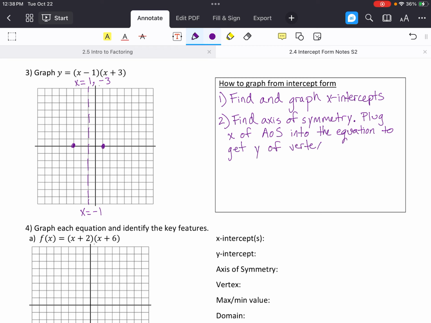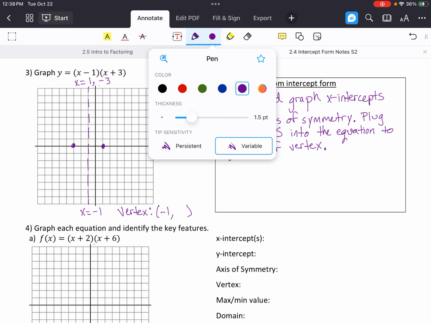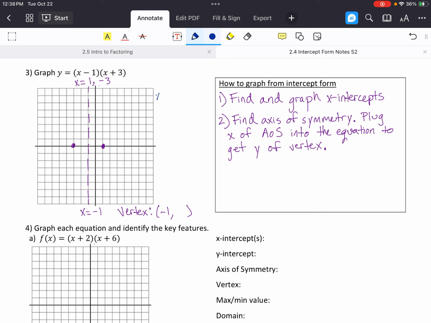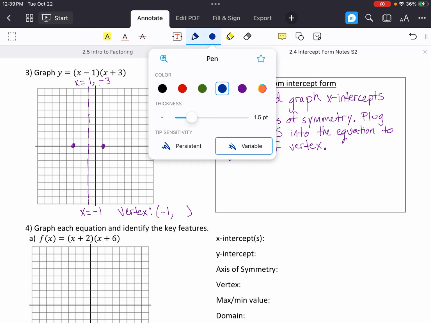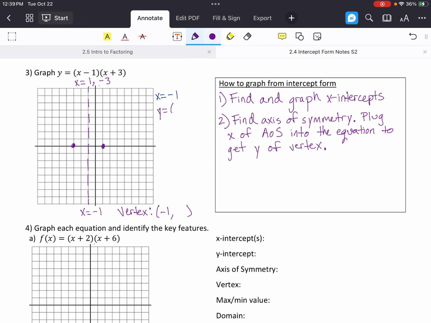We know the vertex is on the axis of symmetry, so I know my vertex has to be -1, something. If I have x, I can plug in y into the equation. So if I have x equals -1, then in my equation, I can say -1 minus 1, and now we have -1 plus 3.